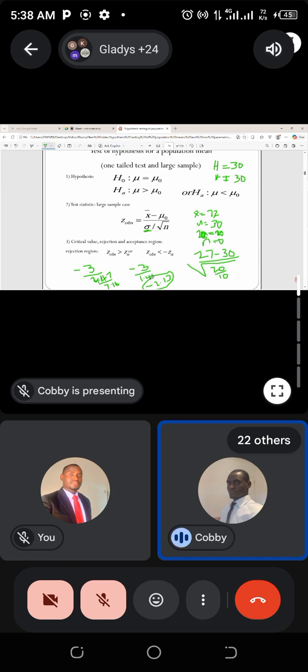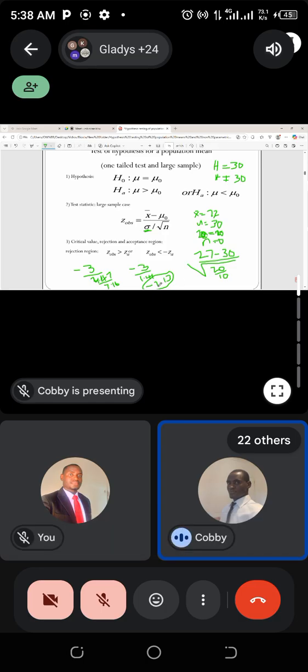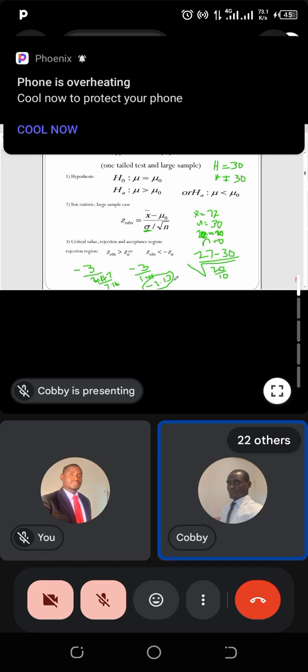The value that we have found, when we say absolute value, means it doesn't have a sign, right? We can remove the sign. So it's going to be 2.13, the absolute value for the two-tailed.